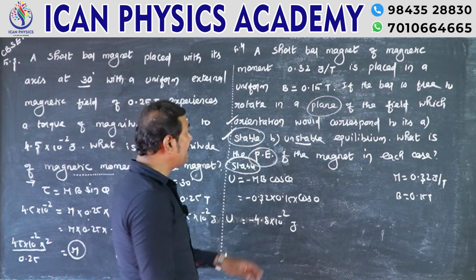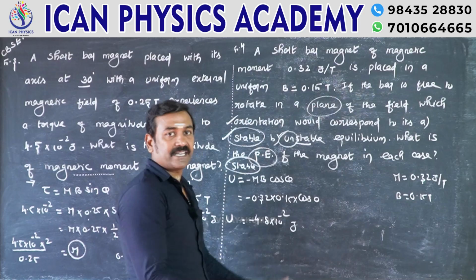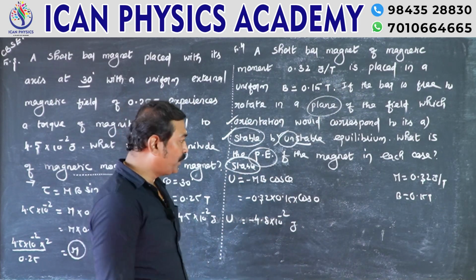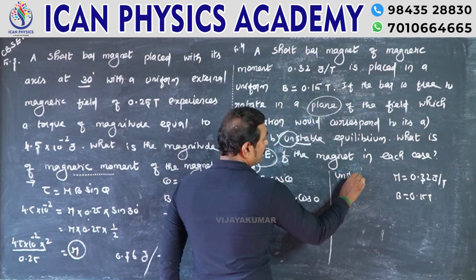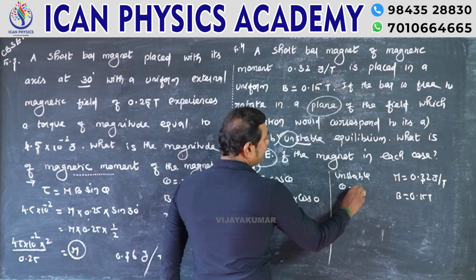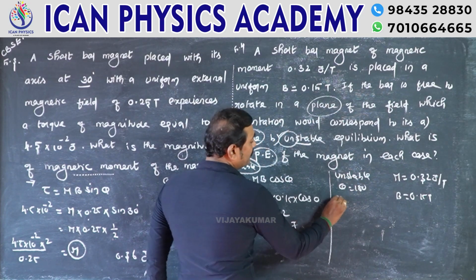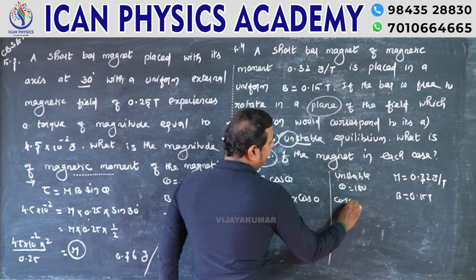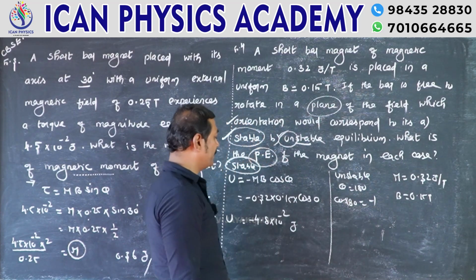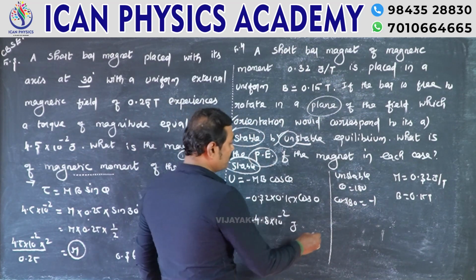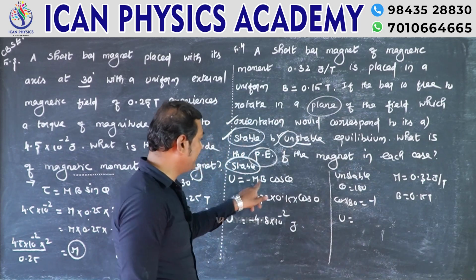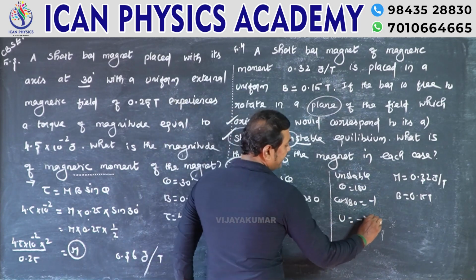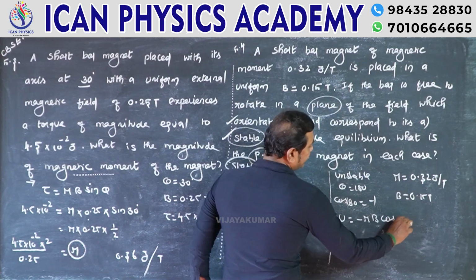For unstable, it orients in the opposite direction. So for the unstable case, theta equal to 180. Then cos 180 is minus 1. The same formula: potential energy is minus M B cos theta.